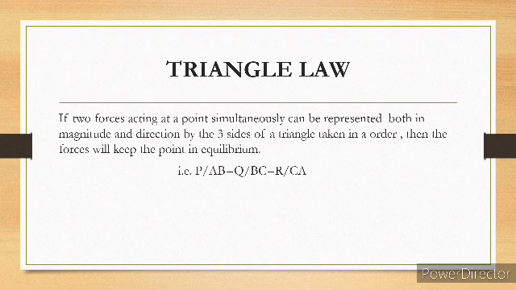PQR are the forces, and AB, BC, CA are the lengths of each side between the points where they meet in the triangle. In this law, if we consider two vectors P and Q acting on a body, they are represented both in magnitude and direction by the sides of the triangle OA.